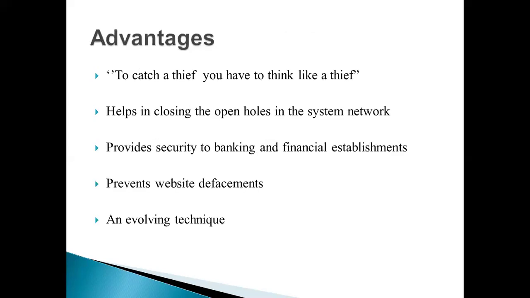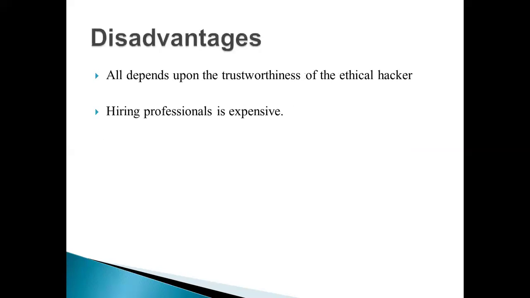Then, what are the advantages of this particular area? To catch a thief, as I have already told you, cyber police use it for hacking areas or finding cyber security issues. They want to find the person who has committed the crime, and find whether the network system has open holes anywhere. If there are weak points, we can find them and fix them. Banking and financial areas also use it, and websites as well.